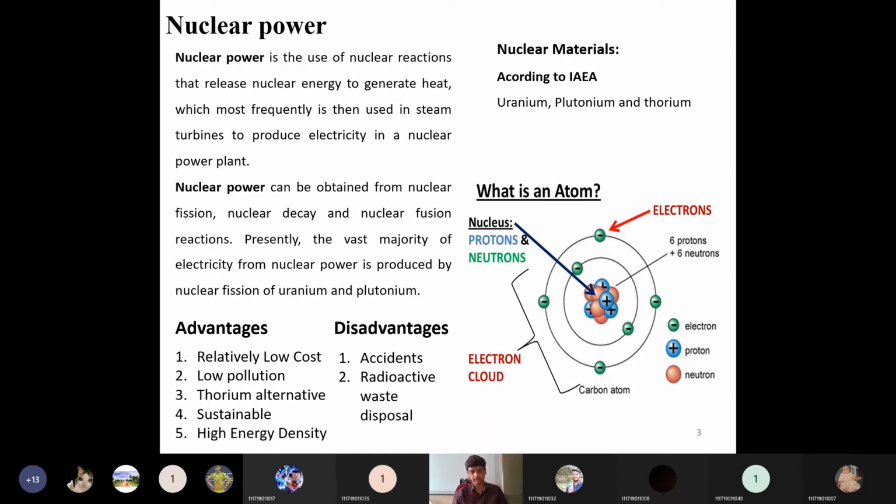Then what about the neutron? A neutron is also a subatomic particle with no net electrical charge, and it has a slightly greater mass compared to the protons. Neutrons are neutral and protons are positive. Altogether, this nucleus is located at the center of any atom.